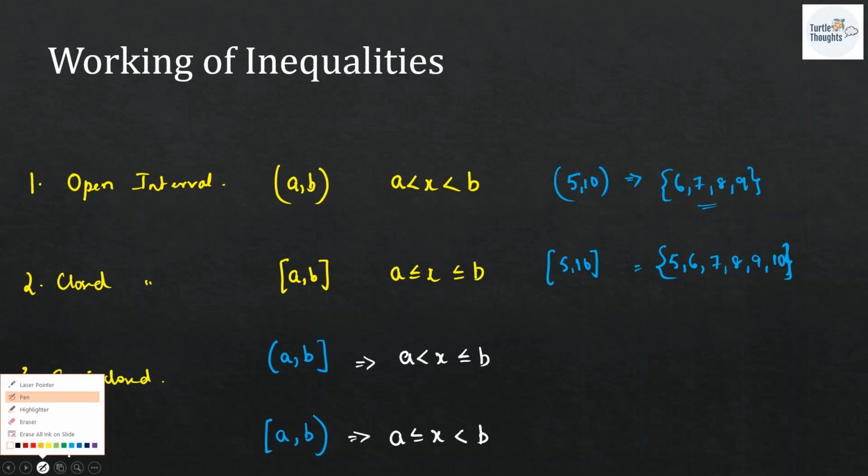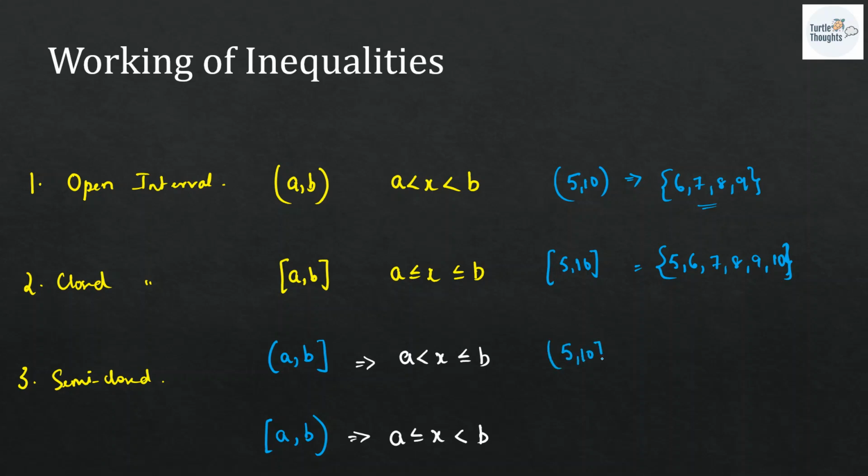Again, I'll be taking the same numbers over here. So if I write (5, 10], what would this mean? This means that I can take any number starting from 6, 7, 8, 9, and 10 as well. But for the second type, I can write 5 starting with the closed interval and ending with the open interval. Here I can take 5, 6, 7, 8, and 9. 10 cannot be taken in this case.